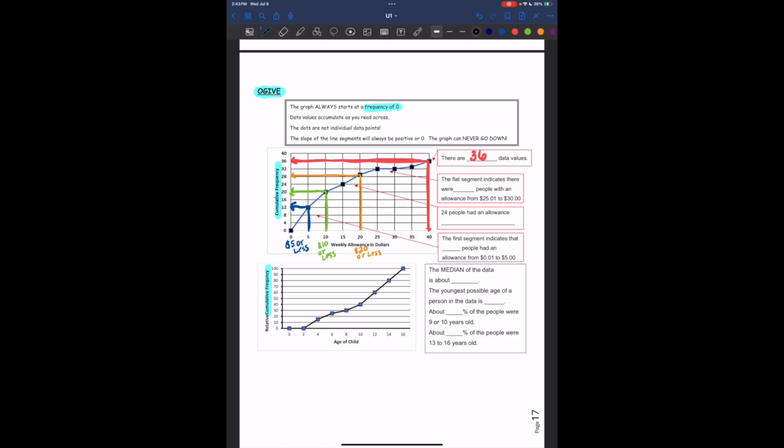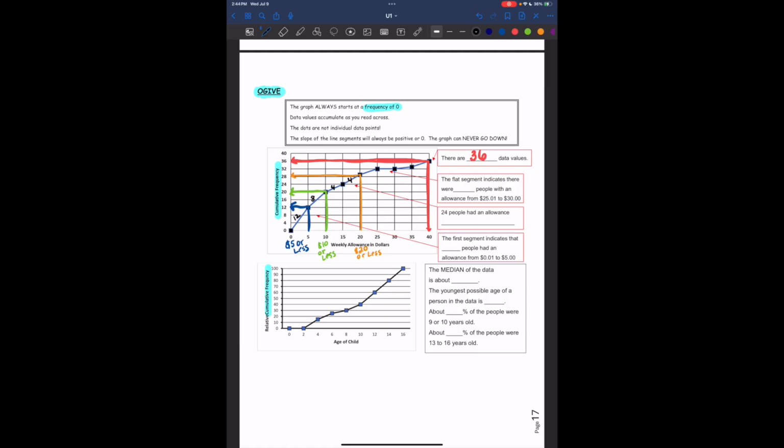So in this first section, there was 12 people in here. And the next one we know that there's 20. So to get from 12 to 20, we added 8 people. And then to get from 20 to 24 people, we added 4. Or even here, 24 to 28 also added 4 people.